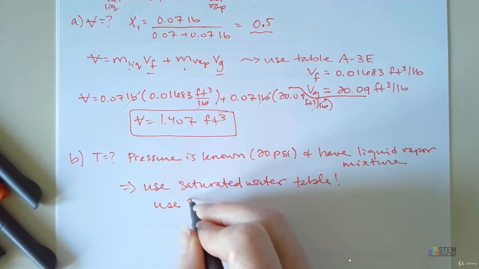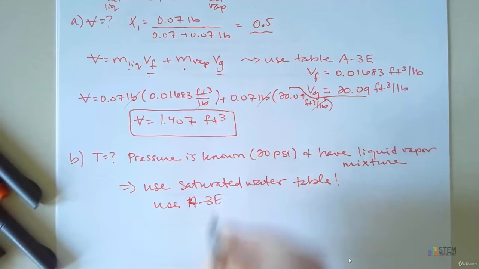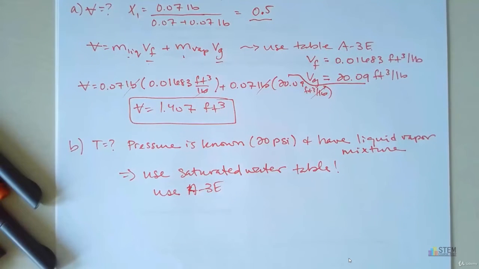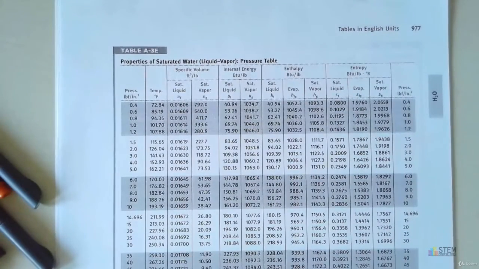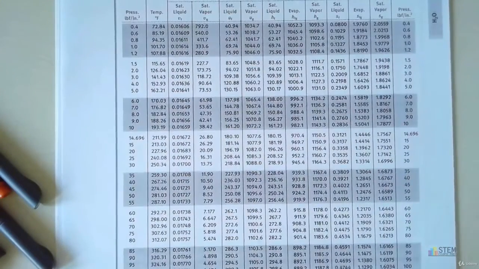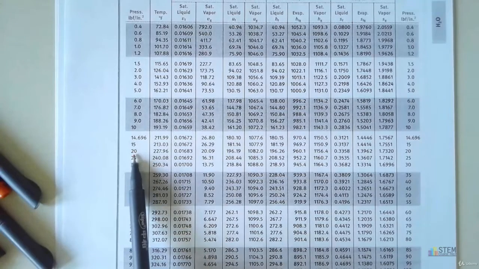Okay, so we're going to use table A-3E in the Moran book. Now, if you go into that table and you look it up, you can get your temperature value. Looking at this table, here's A-3E right here. We're going to find our pressure. Our pressure is 20. So here we are at 20.